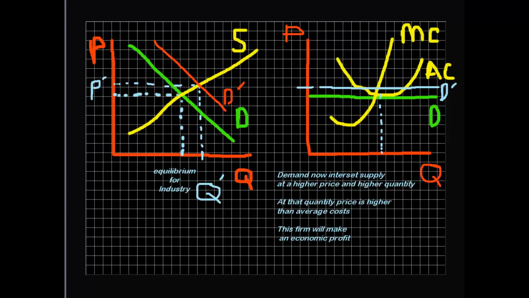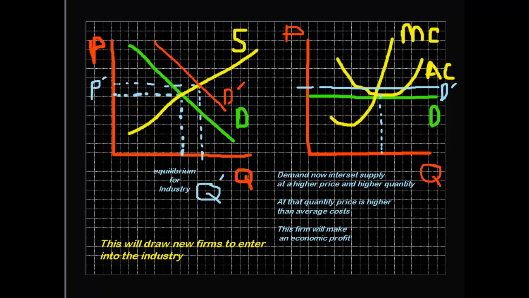This new situation where the price is higher than the average cost means that there's actually going to be an economic profit earned for this firm. And in this case, that economic profit is going to exist at least in the short run, but in the long run, in a perfectly competitive situation, when firms see that some other firm is earning an economic profit, this will tend to cause new firms to enter into the industry.